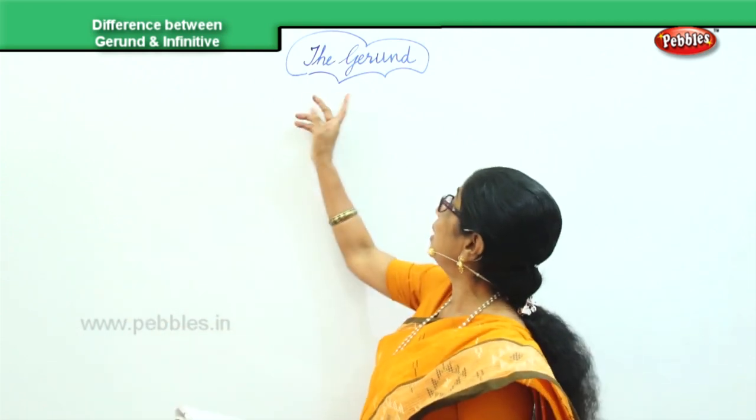So now we're going to look at the distinction between an infinitive and a gerund. A gerund is partly a noun and partly a verb and ends in ing. So a gerund is ending in ing, doing the work of partly a verb and partly a noun.